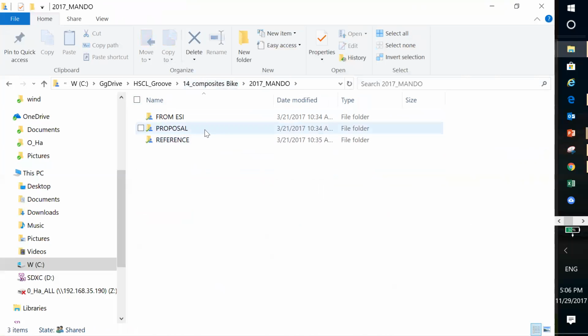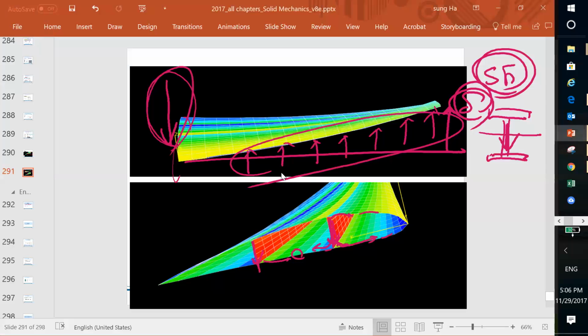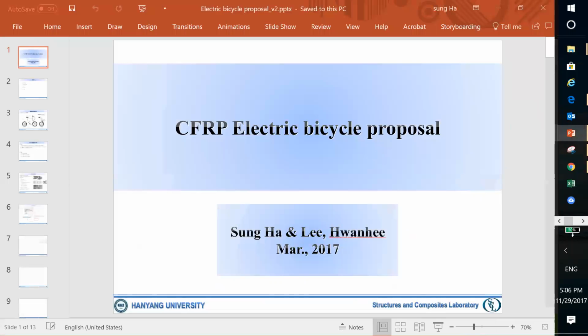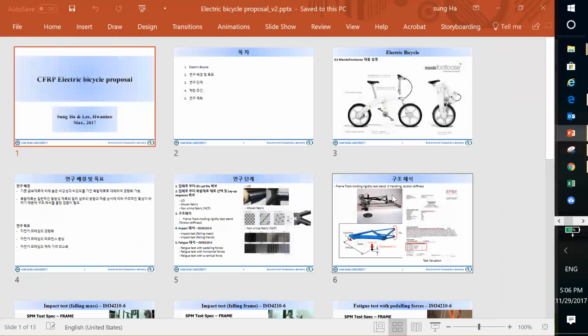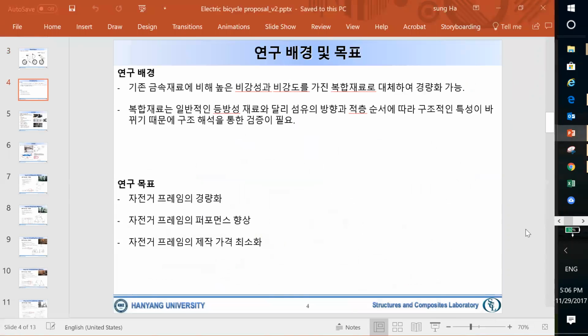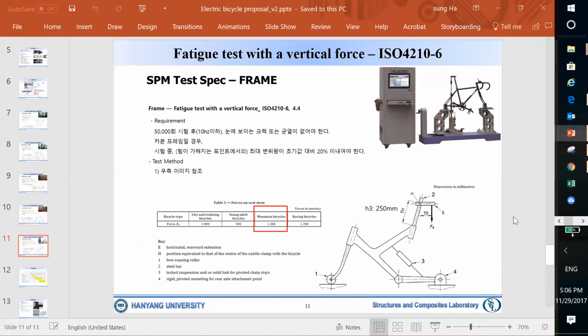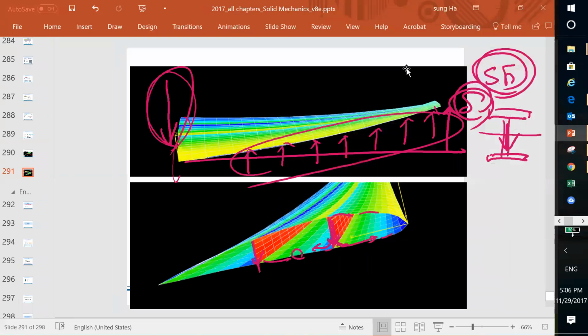Mando also try to develop. 여러분 만도 아시죠? 회사. 네? 만도도 지금 다양한 자전거를 전기 자동차 is electric bike from Mando, and they are trying to develop using very light materials.